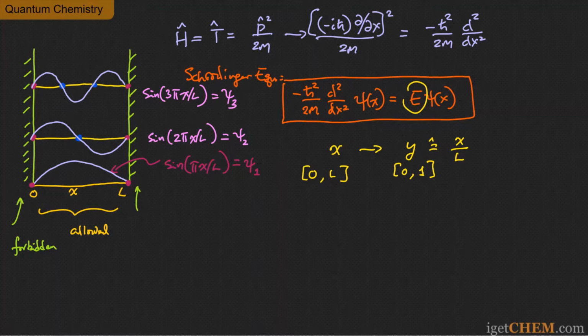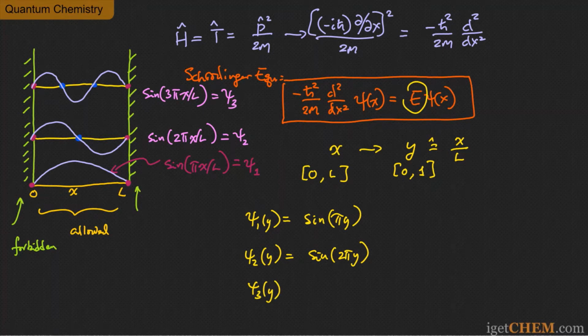So if I do that, then you see that the first wave function, psi 1, which now is a function of y, is going to be just sine pi y. And the second eigenfunction, psi 2, is going to be sine of 2 pi y, and of course psi 3 is sine of 3 pi y, and so on.